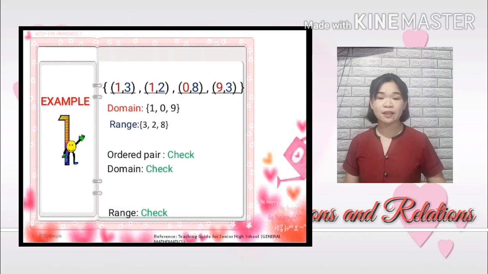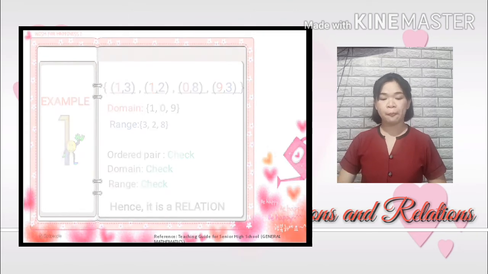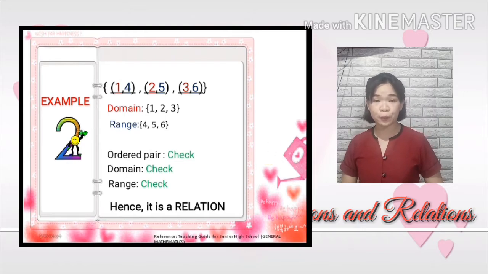So since it is an ordered pair, and also they have the domain and they have the range, therefore we can consider this as a relation. Okay? Next example. A set of (1, 4), (2, 5), and (3, 6). So the color reds, or the first set of the coordinate, those are the domain, which is the set of 1, 2, 3.